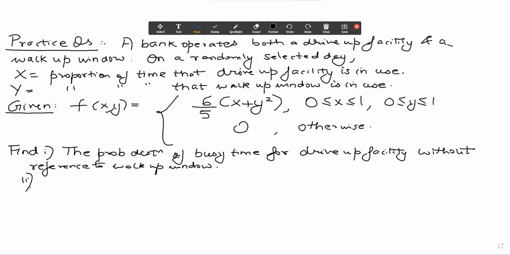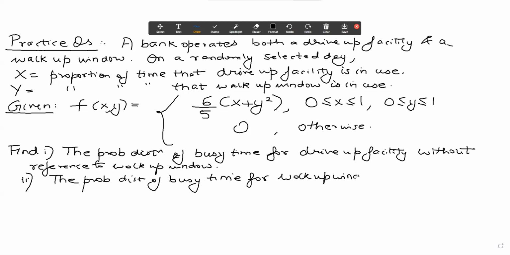Second thing they ask us, find the probability distribution of the busy time for the walk-up window without reference to the drive-up facility.